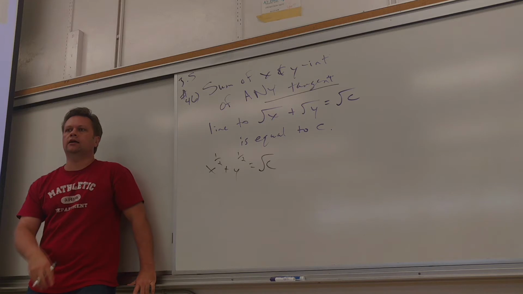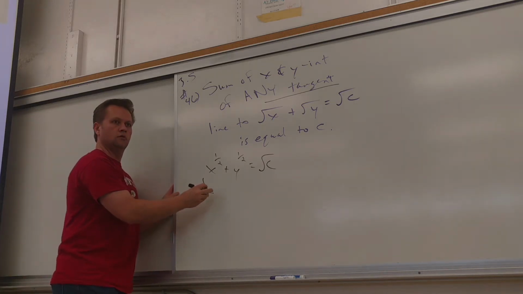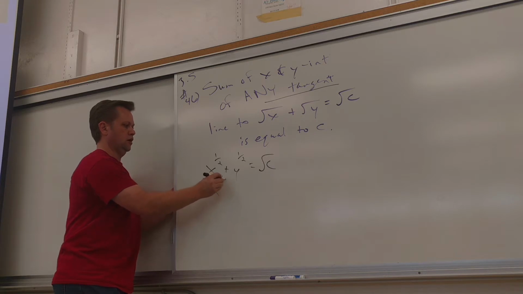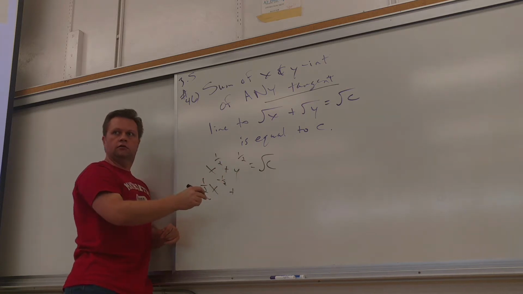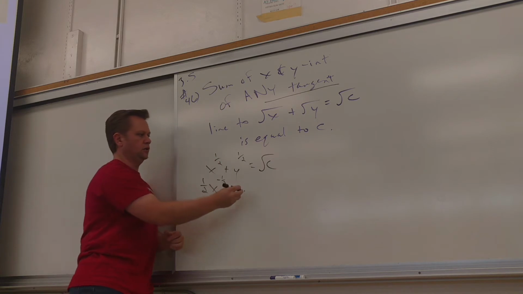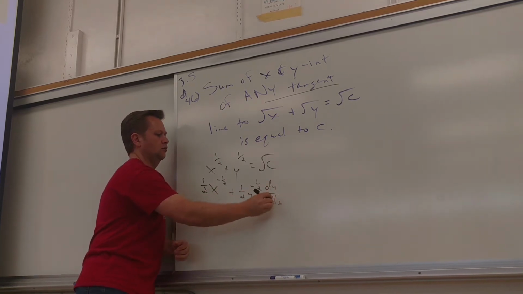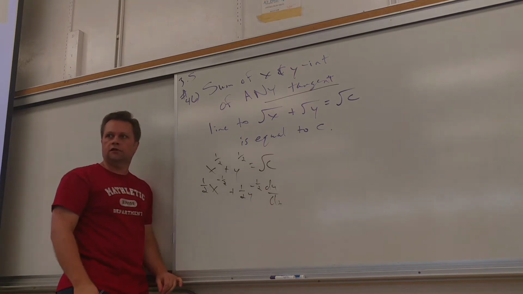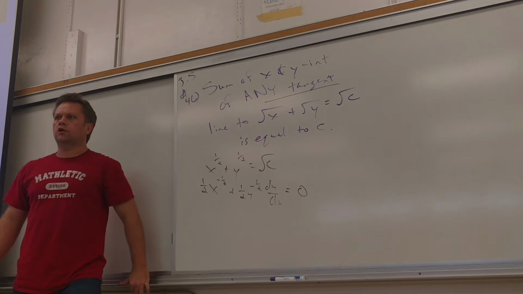And then how do you take that guy's derivative? 1 over 2 square root of x, minus 1. Yeah, the 1/2 comes down, it goes down by 1. Now the same thing happens here, except the inside function. This is times dx, which is 1. But this will be times dy/dx, which of course I don't know, so I have to leave it there. Equals 0. And solve for dy/dx.